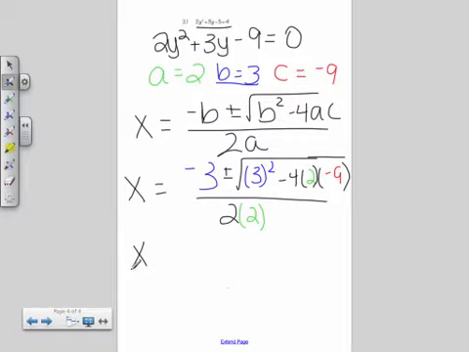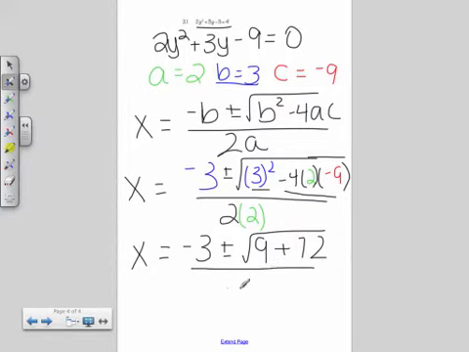All right, so then next I end up getting x equals negative 3 plus or minus the square root of, this becomes 9 squared, or 9, because 3 squared is 9, and then this becomes negative 4 times 2, which is negative 8, and then negative 8 times negative 9 will end up giving me positive 72 all over 4.